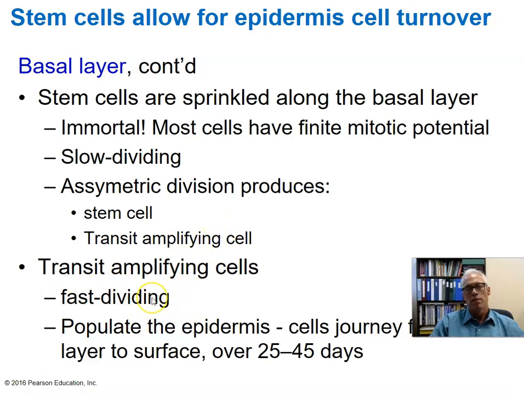Those cells are in the basal layer, and they divide very, very rapidly, producing a large number of progeny, and then they eventually stop dividing. And they push cells superficially, and they themselves will move superficially to populate the outer layers of the epidermis. It takes about a month for a keratinocyte to go from the basal layer to the surface of the epidermis.